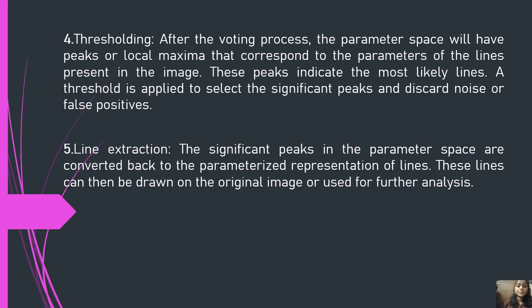After the voting process, the parameter space will have peaks or local maxima that correspond to the parameters of the lines. Threshold is applied to select the significant peaks and discard noise or false positives.